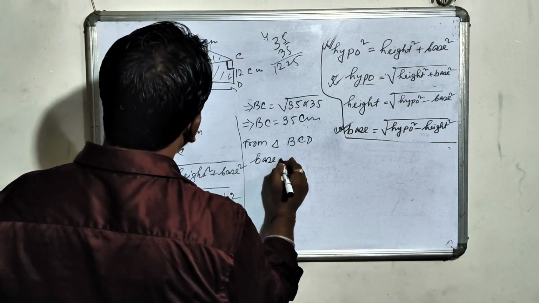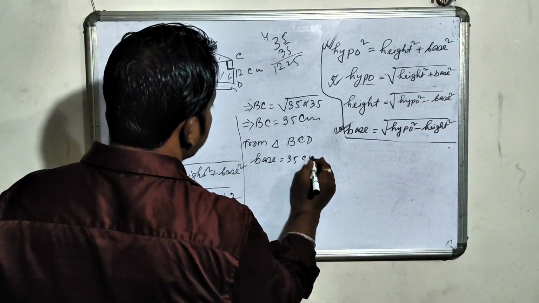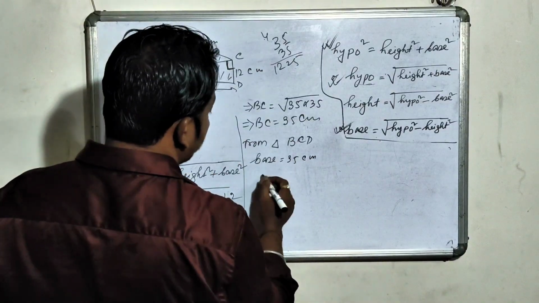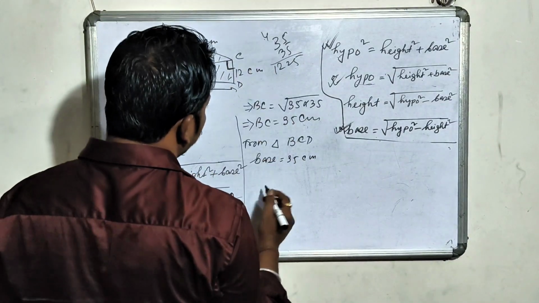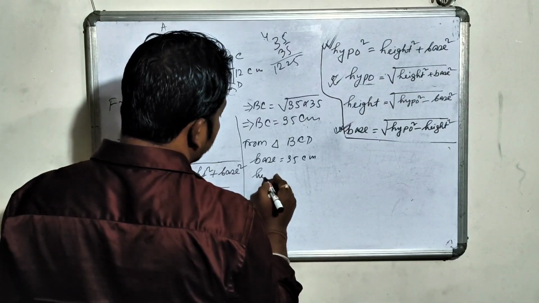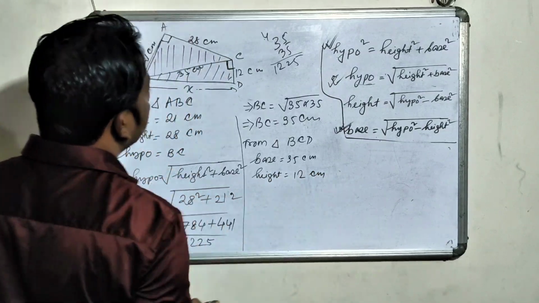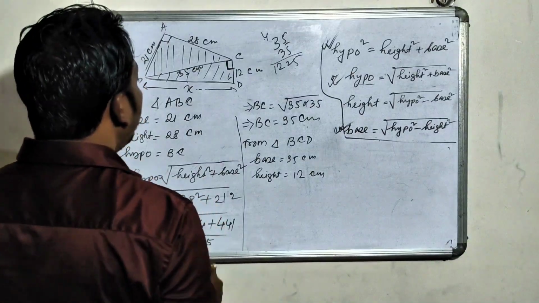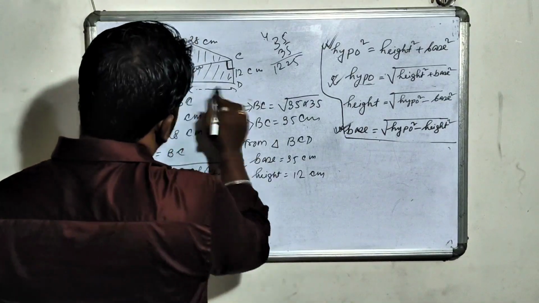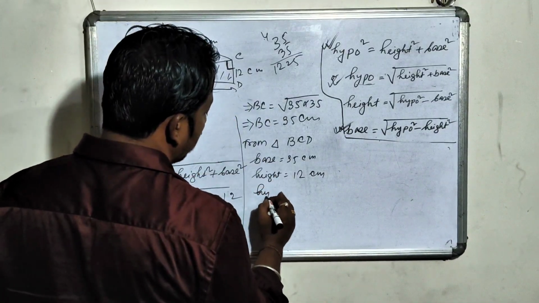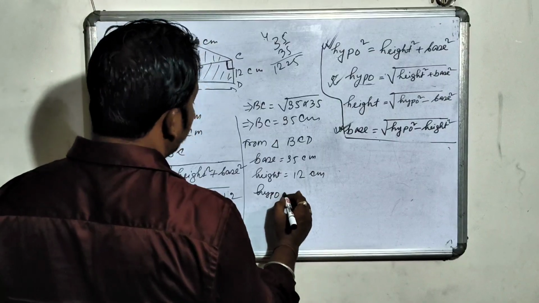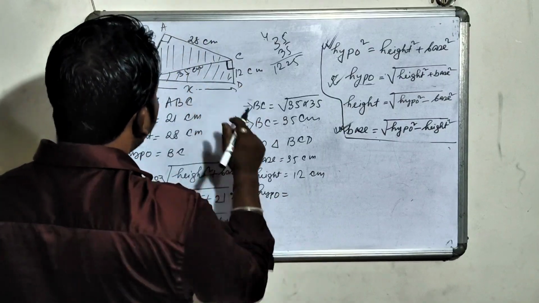Base equals 35 centimeter, height equals 12 centimeter, and hypo is equal to x.